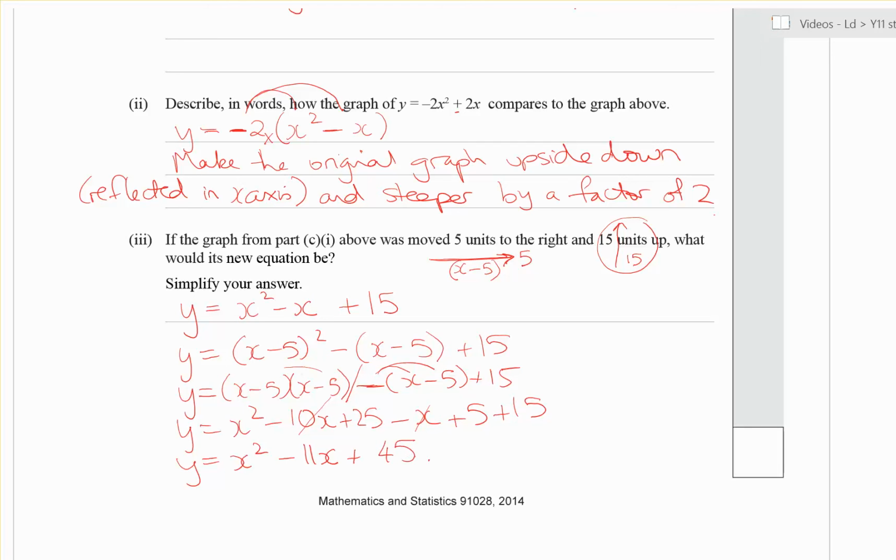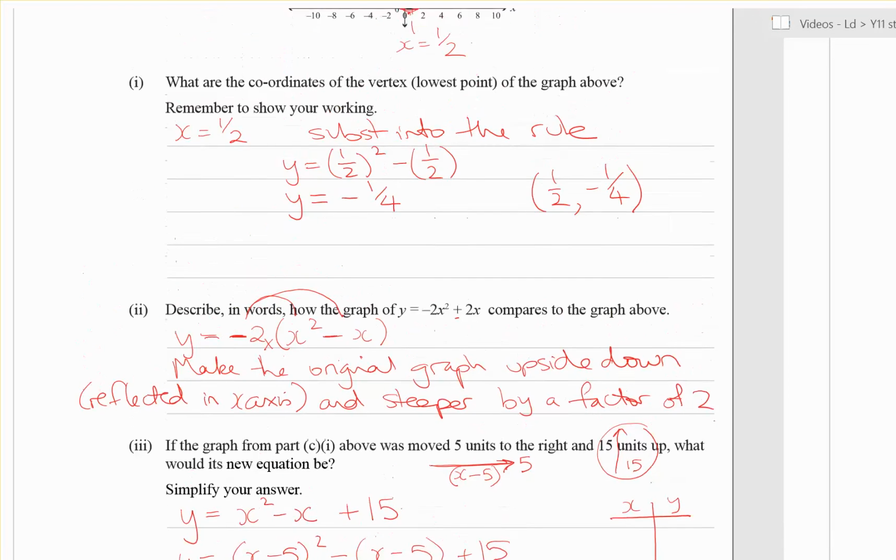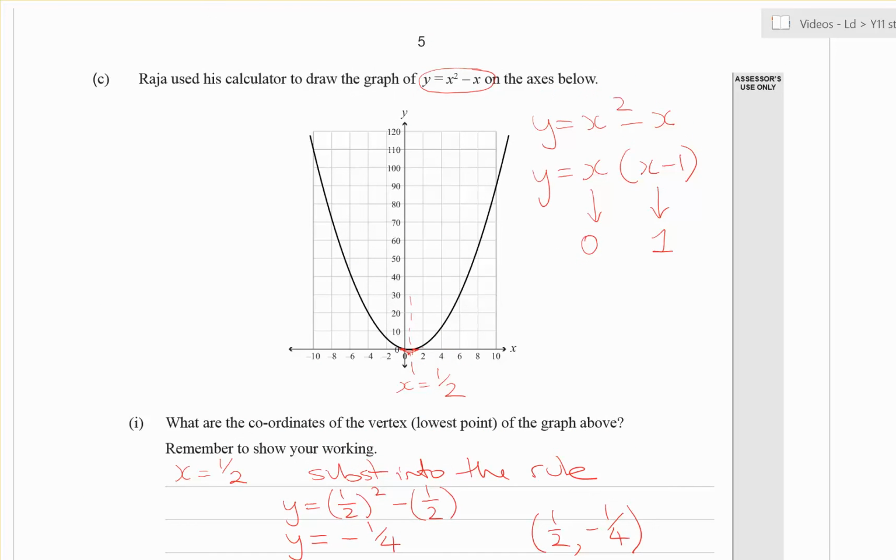Right, there is another way you can do it, and that would be to find some points and use stat on the calculator and come up with the equation that way. So 5 to the right and 15 up. So it goes through, and we need to think about this carefully, it goes through 0, 0 and 1, 0, and I also have the half, minus a quarter point.